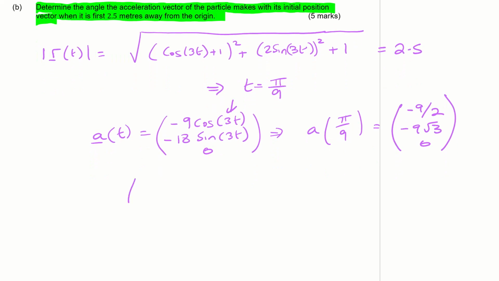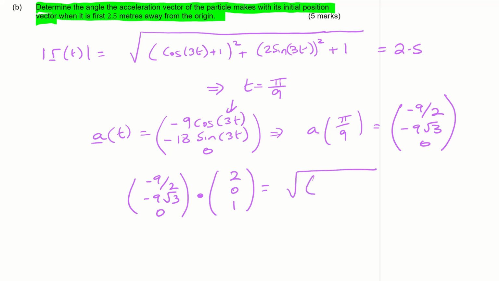And so we have the acceleration at that time dotted with the initial position vector, which is (2, 0, 1). And that must be equal to the square root of (-9/2) squared plus (-9 root 3) squared, times root 5, times cos θ.